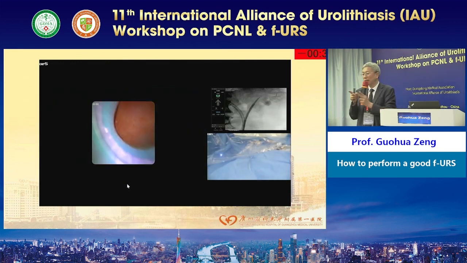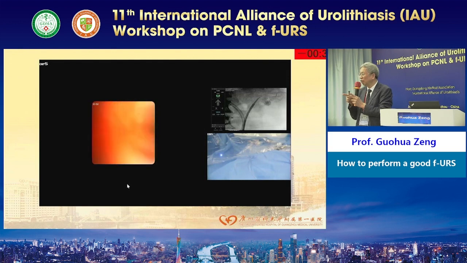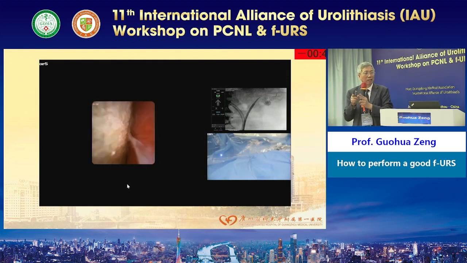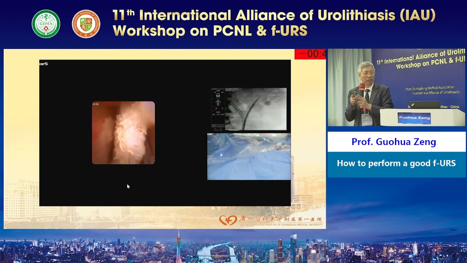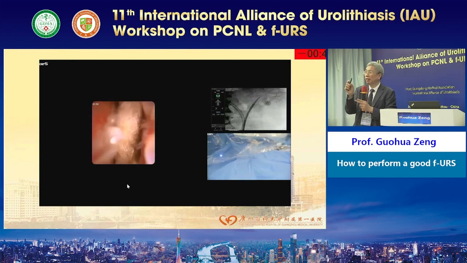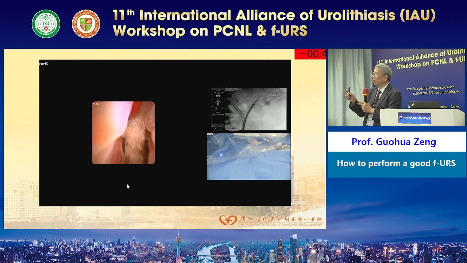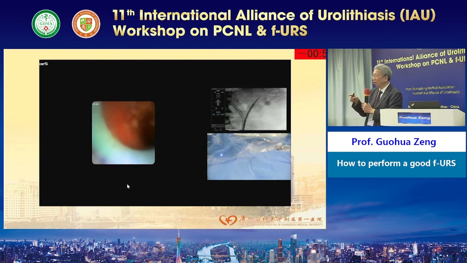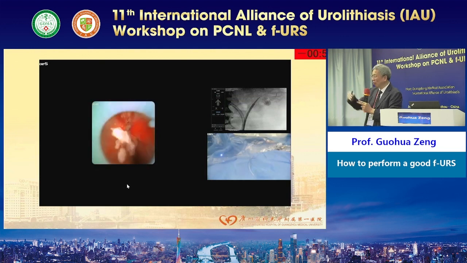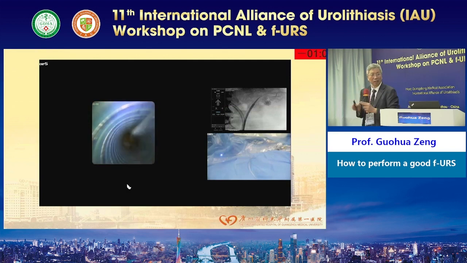You see, the sheath is 12, and the flexible is 7.5 French. Between the sheath and the scope is 4.5 French. So a 1.5 millimeter stone you can suction out between this space.